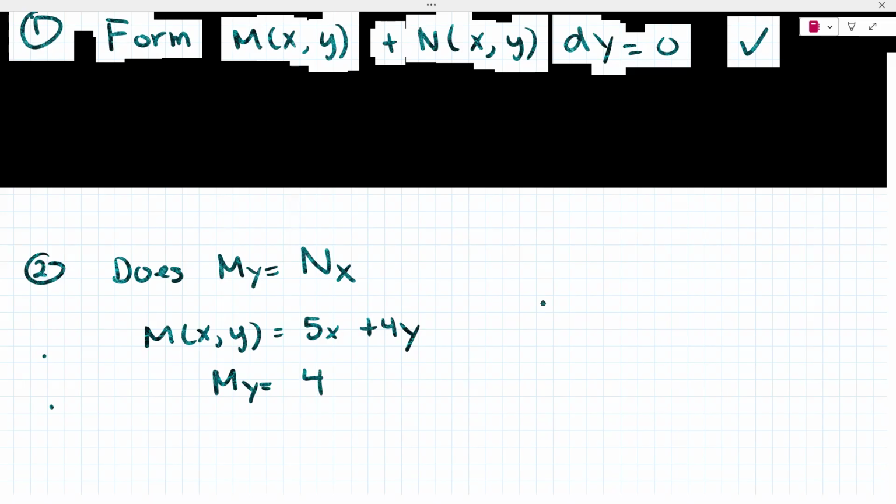So if you recall in partial derivatives, if you take it with respect to y, anything that does not have a y is a constant. So the derivative of 5x is 0. The derivative of 4y is just positive 4. And then what is our N(x,y)?